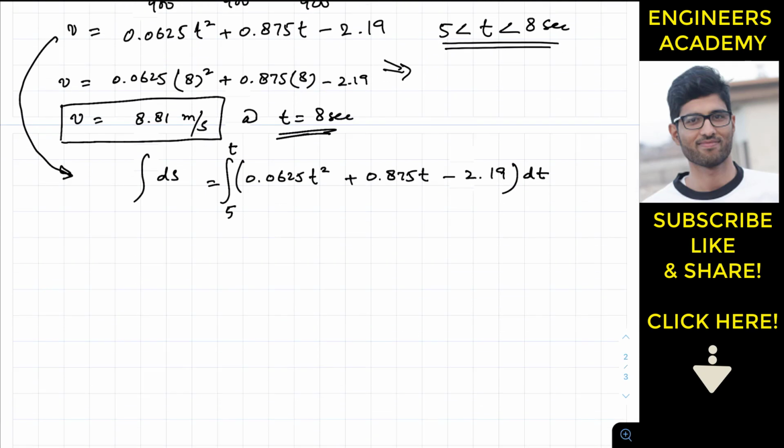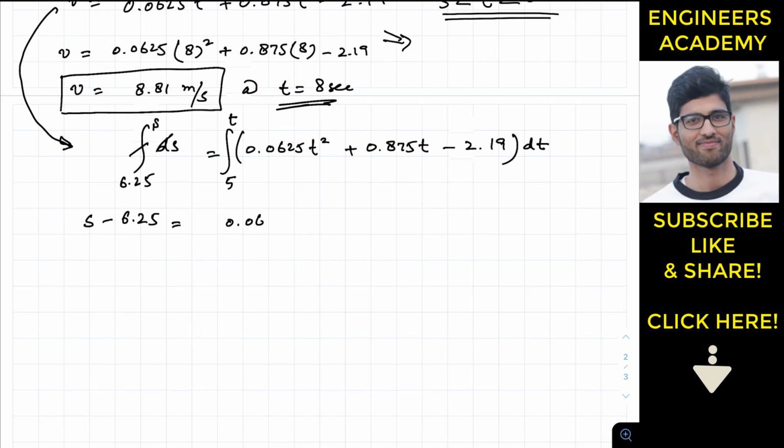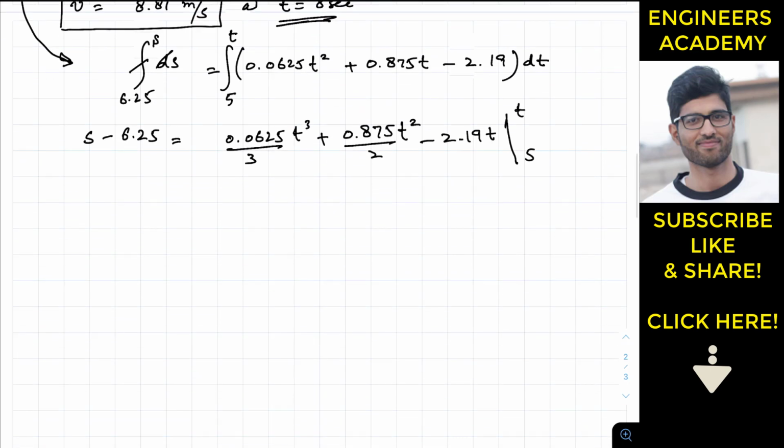So we have to integrate this from s equals 6.25 to s. When we integrate, this will cancel out and we will get s minus 6.25 equal to 0.0625 t to the power 3 divided by 3 plus 0.875 t square divided by 2 minus 2.19t, from t equals 5 until t.